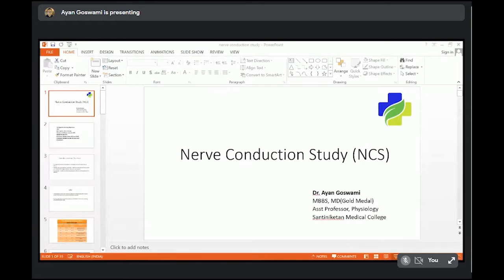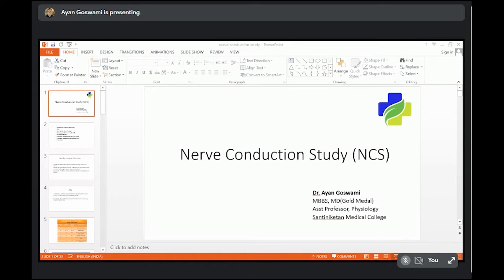Next is the procedure for nerve conduction study. For our discussion in this class, we will deal with median nerve motor nerve conduction study and median nerve sensory nerve conduction study, and finally the precautions. What is the specific learning objective?